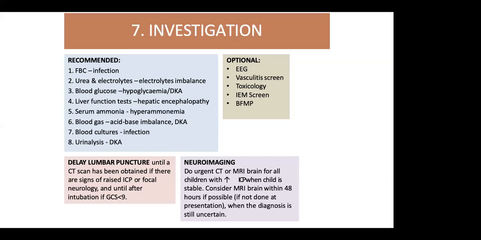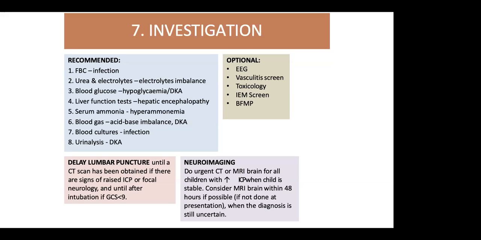And then there are also other investigations that we may do that are specific for certain diseases. For example, we may do EEG if we suspect epilepsy or, as mentioned before, HSV encephalitis. And we may do vasculitis screen if we suspect vasculitis.